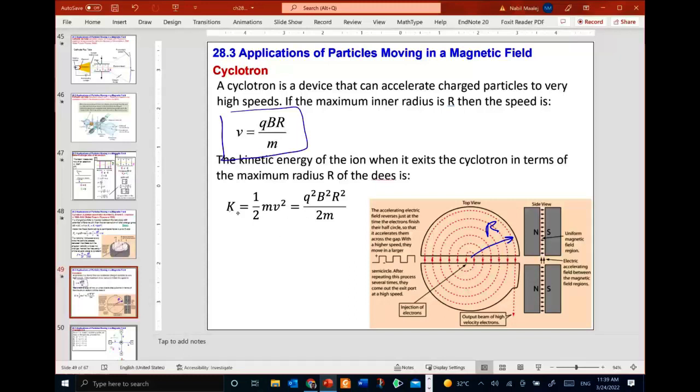And the kinetic energy is 1/2 mv squared, so you get the kinetic energy of the proton or heavy ions when it exits the cyclotron. So they exit the cyclotron with a constant kinetic energy, for example 1 mega electron volt. I don't know how far they can reach in terms of kinetic energy, but a linear accelerator can reach up to 26 mega electron volt. This machine is probably about the same.